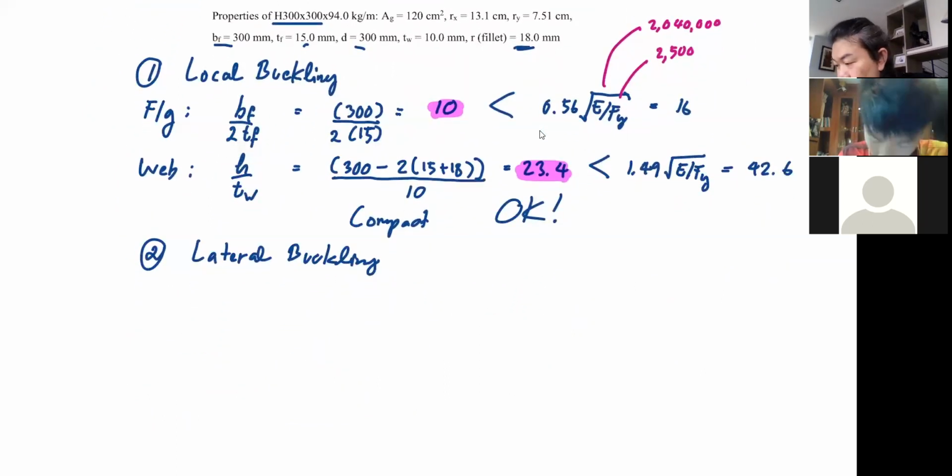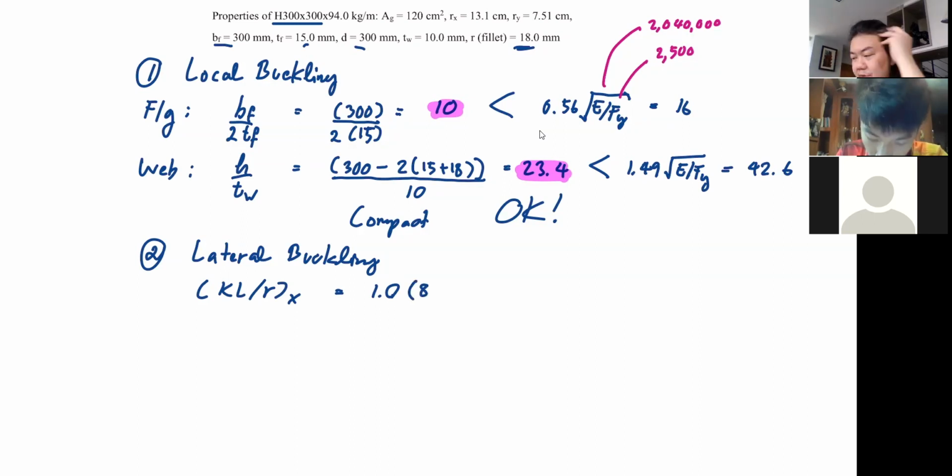So now we're going to check KL over R in X direction. And because this column is like pin, so K is 1. And the length in X, the unbraced length in X direction, is 8 meters.